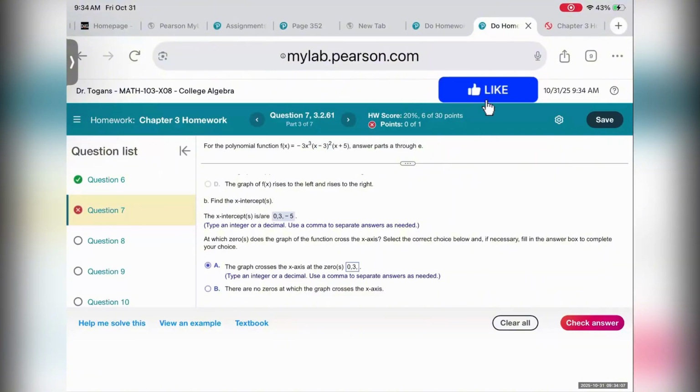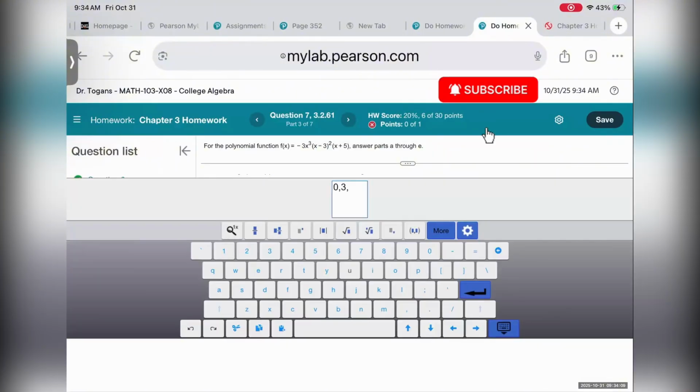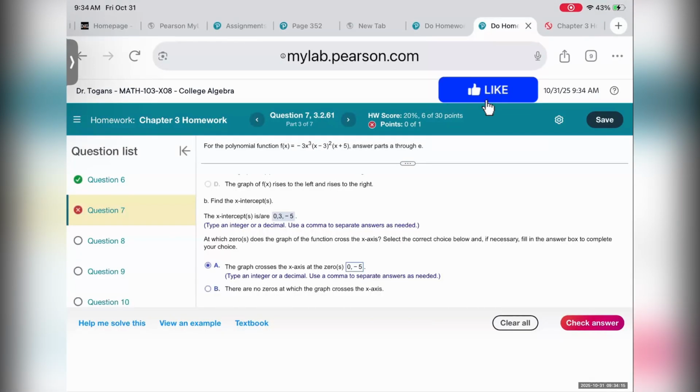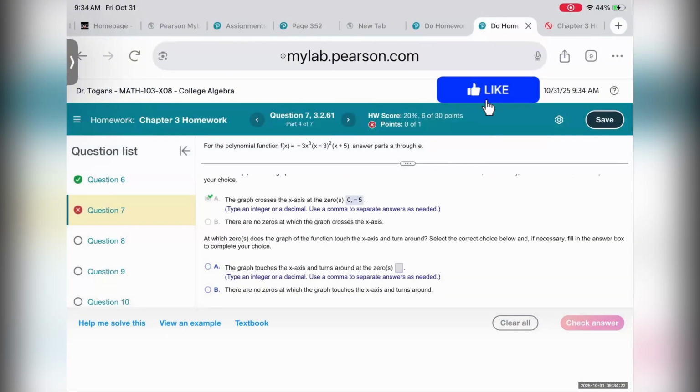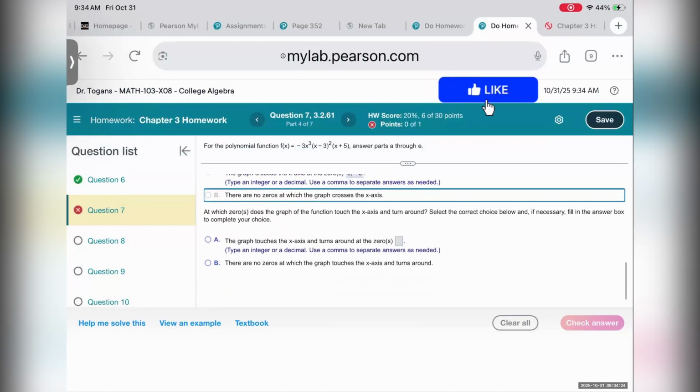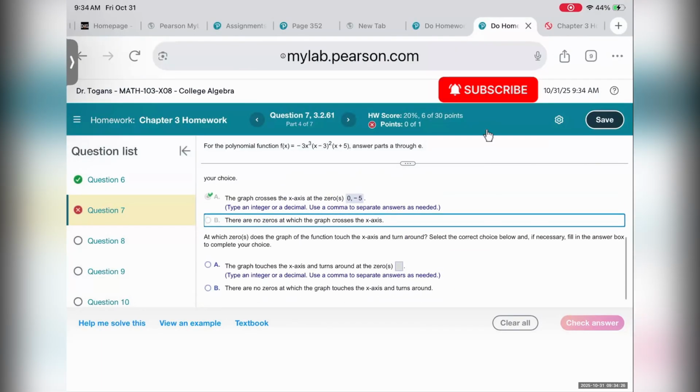Sorry, no, it's -5. It's -5, because the odd ones, they cross. The even ones, they touch. Okay, go ahead. And then the graph touches at the even power. So that one would be 3.